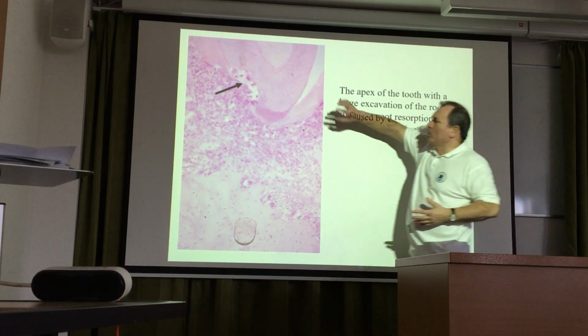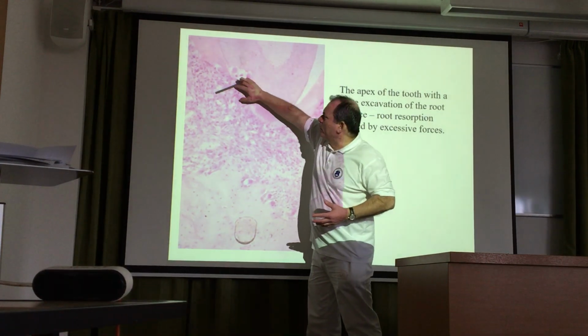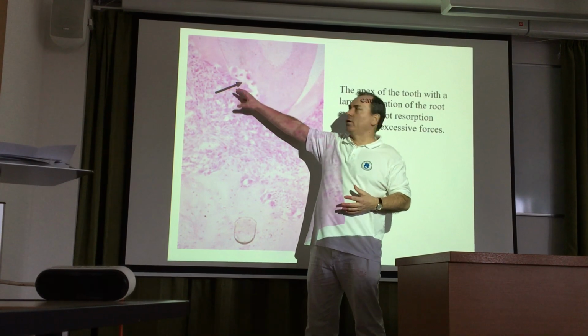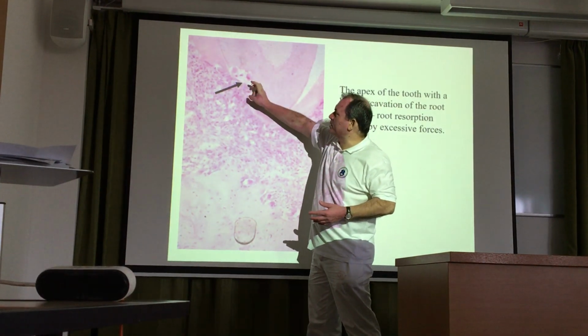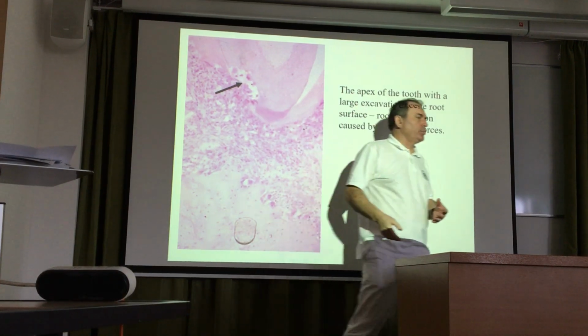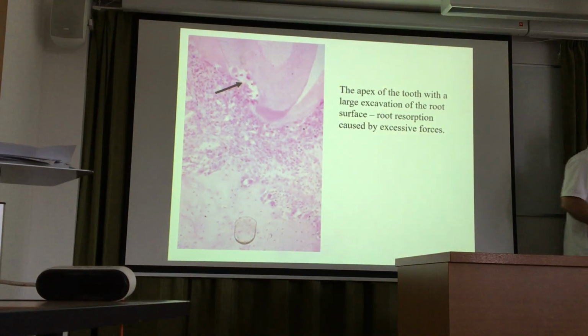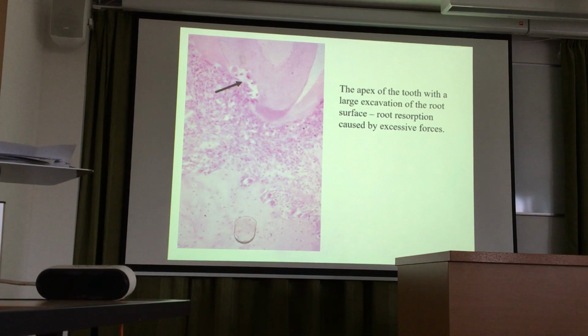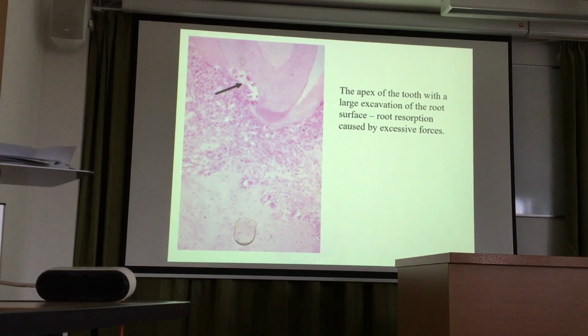So when the force is very strong, you can find this situation that the osteoclasts will eat up the root surface, and the result will be root surface or simply root or cementum resorption.